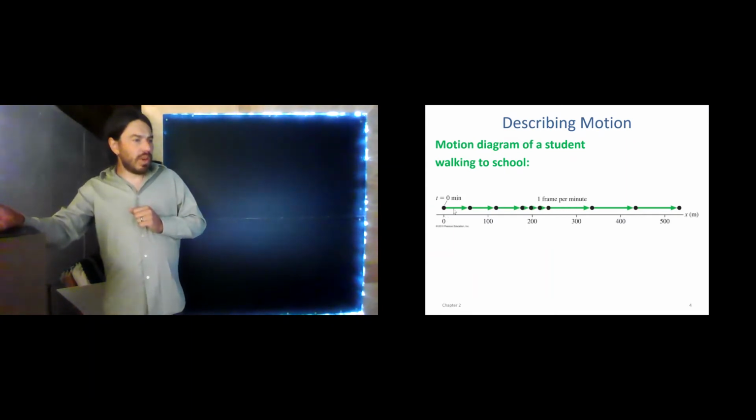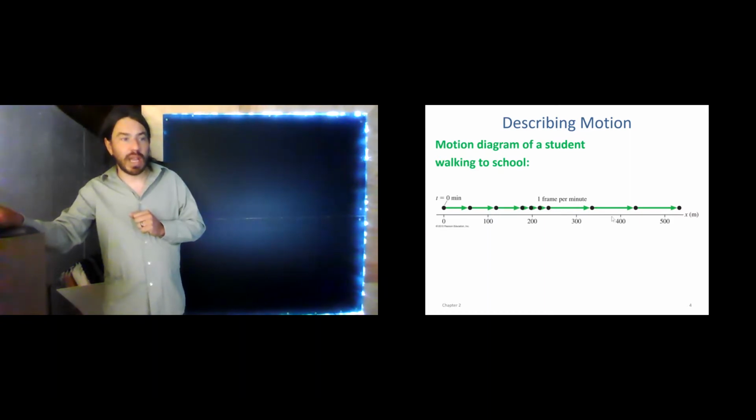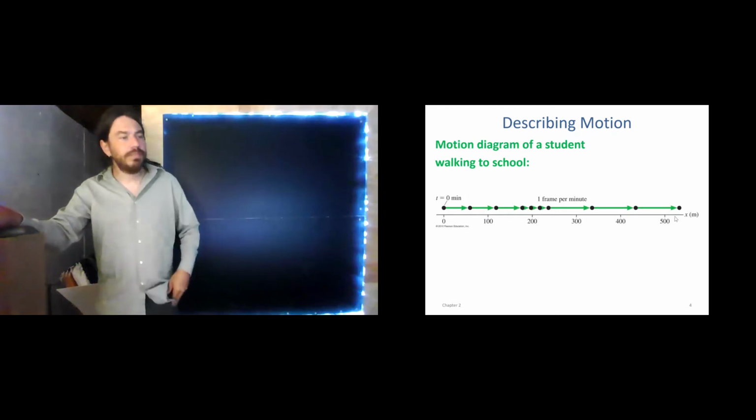Well, recall that if these dots are all equally spaced in time, then we can tell relative speed by comparing how far it is between subsequent dots. And so here we see that this student was moving at a moderate pace for a few hundred meters here, or almost 200 meters, and then the student slowed down for a couple minutes, and then the student sped up and was going at a faster pace for the last 3 minutes, it looks like.